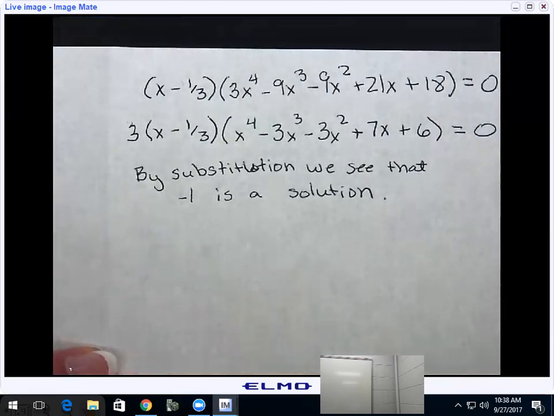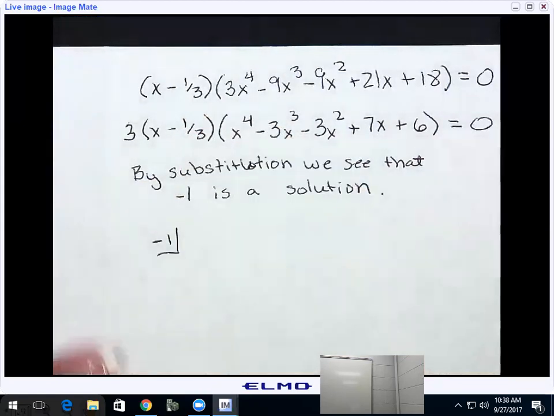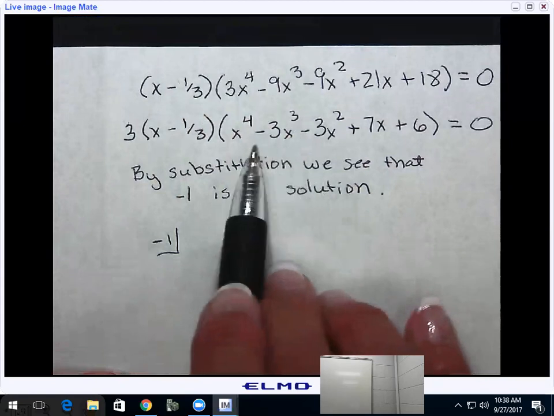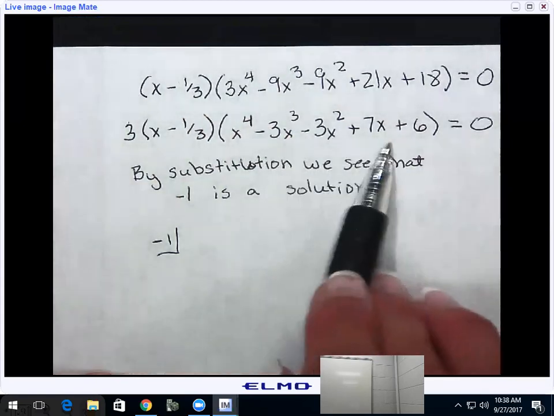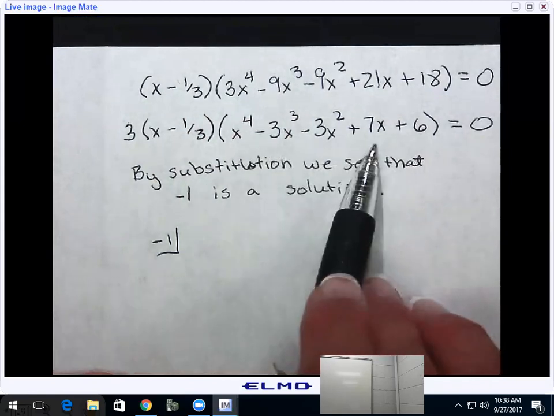We have 2 people that say -1 is a solution, so I'm going to do synthetic division. I only need to use this factor now. This is the one that I'm trying to factor further, so I'm going to use those coefficients.